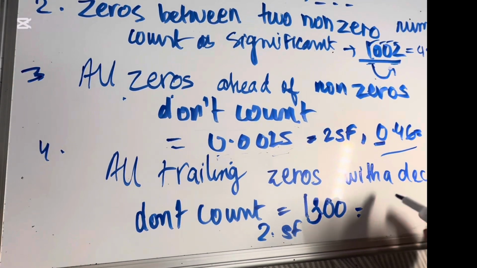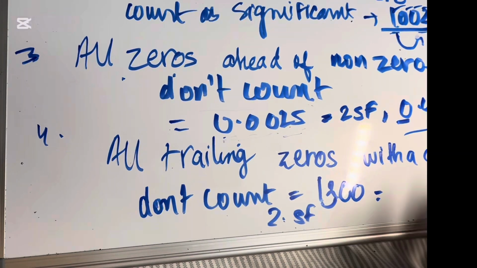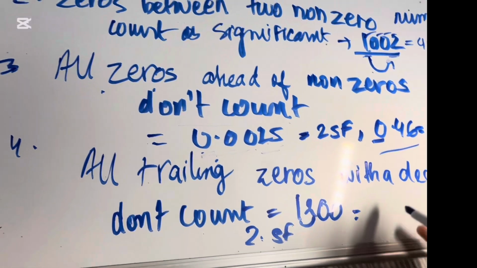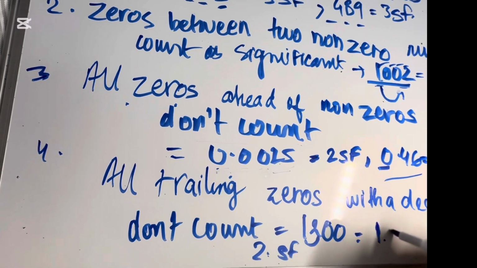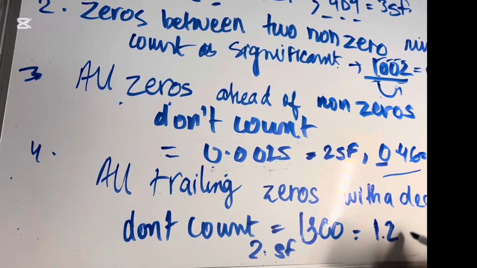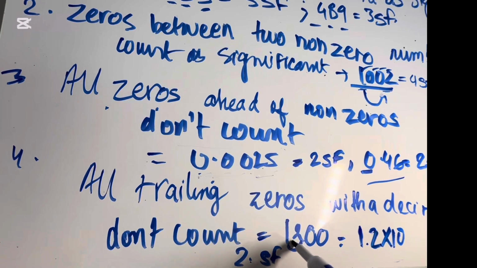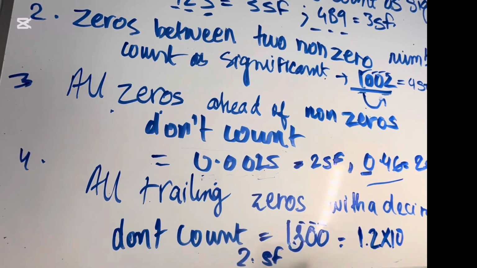But sometimes they ask you to write in scientific notation and then count the significant figures. That makes it much easier and clearer. So if we put this in scientific notation, it will be 1.2 times 10 to the power, placing the decimal just ahead of the 2. After the decimal, we count how many numbers we have: 1, 2 and 3.